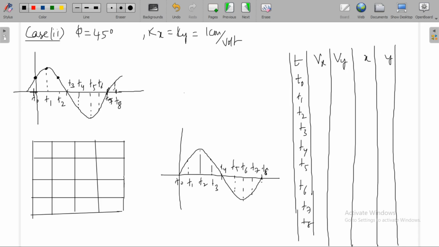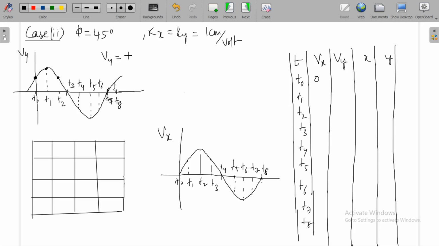At T naught, this is Vy, this is Vx. At T naught, what is Vx? At T naught, Vx is 0. At T1, what is this?